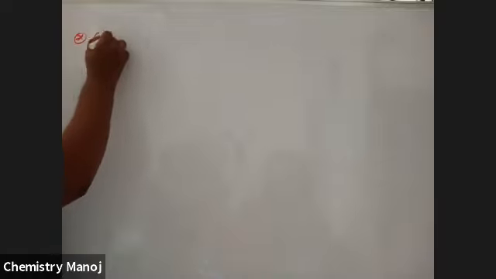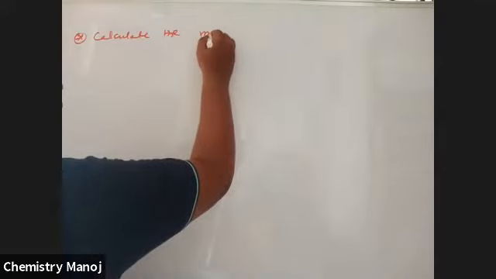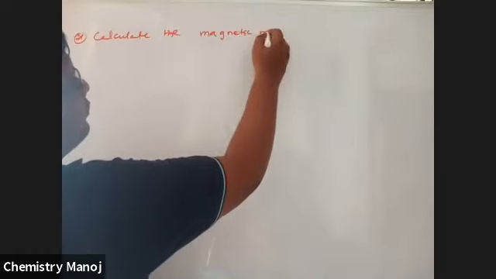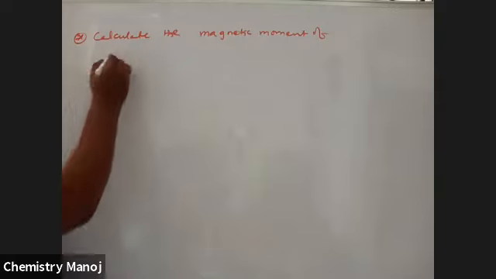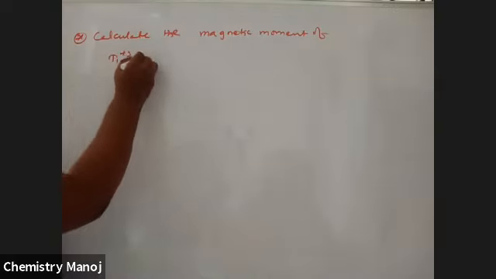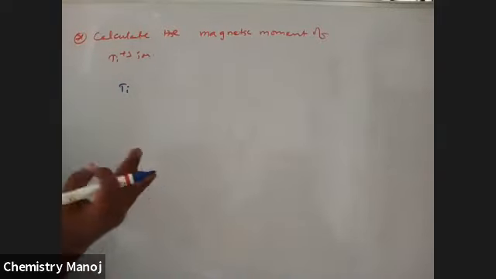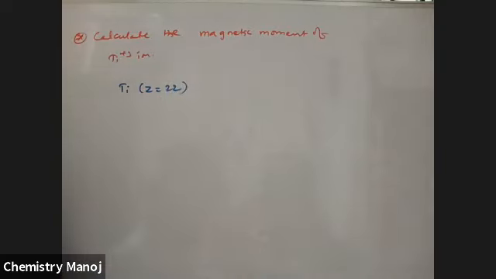Now our problem is to calculate the magnetic moment of titanium plus 3 ion. Titanium, its atomic number, scandium, titanium, Z is equal to 22.